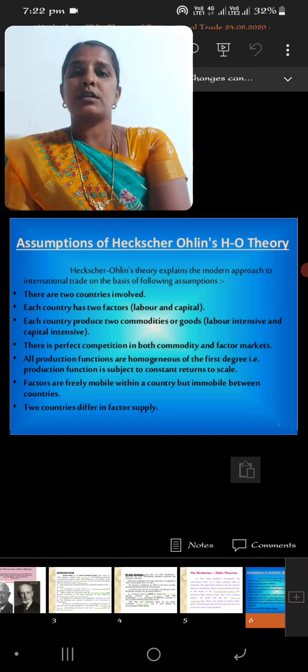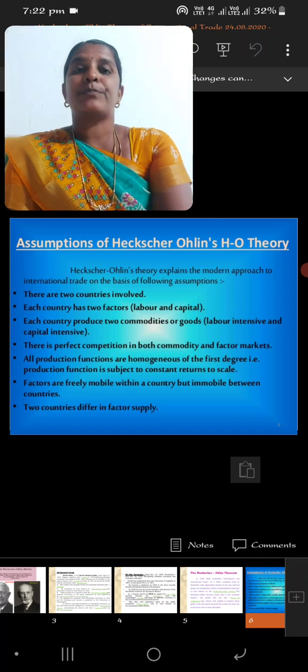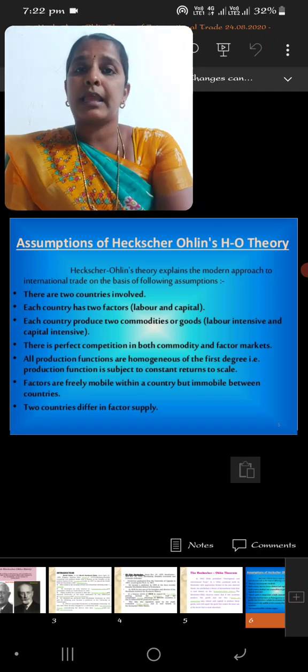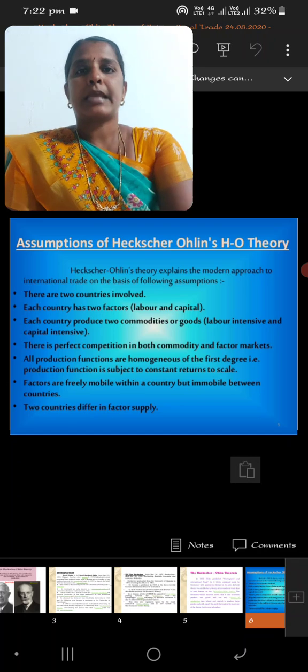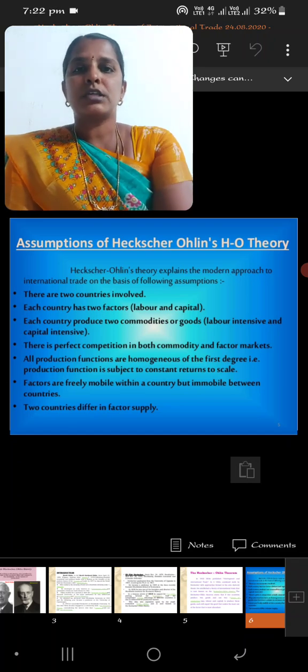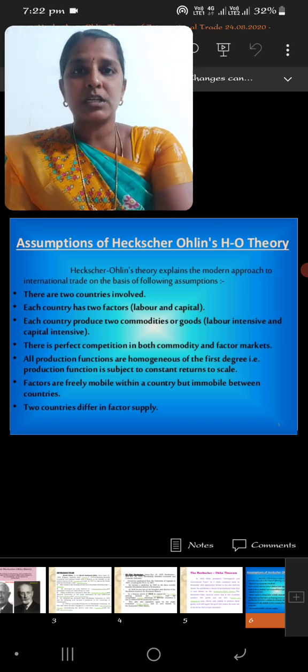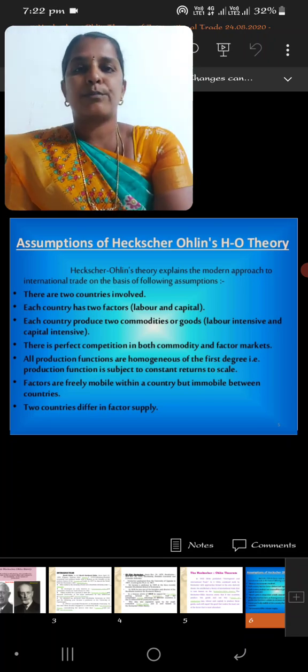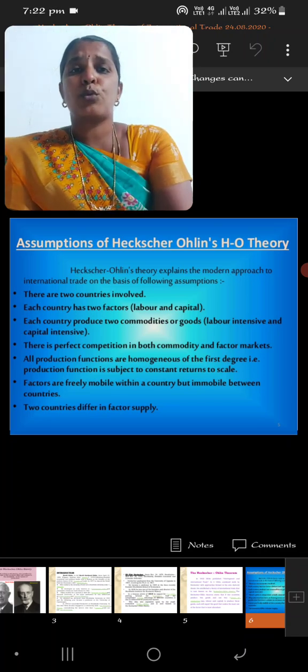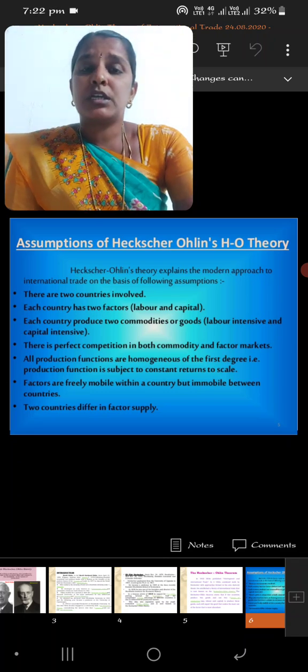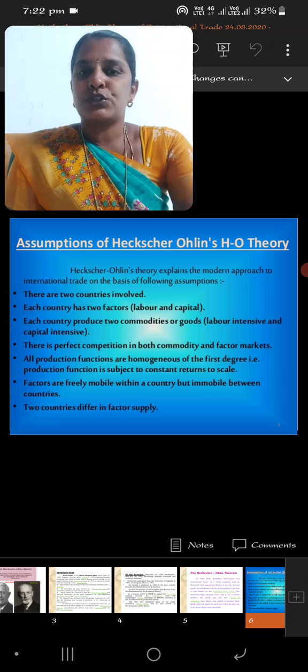Labor intensive goods means that a particular country concentrates only on the labor force, not the capital force. If the country is well versed in capital, they will concentrate only on capital intensive goods, that is machineries. They will export more and more machineries and they will import other goods. Okay, so these are the two intensive goods.